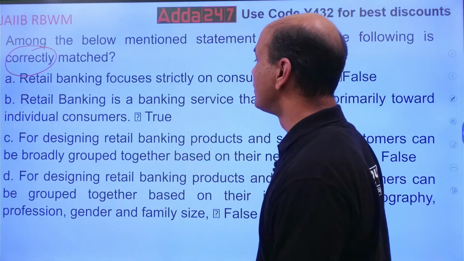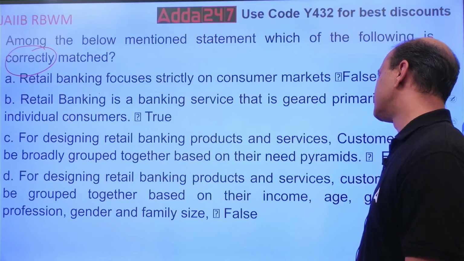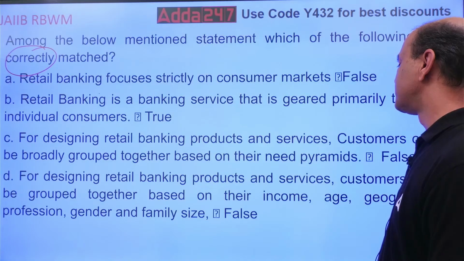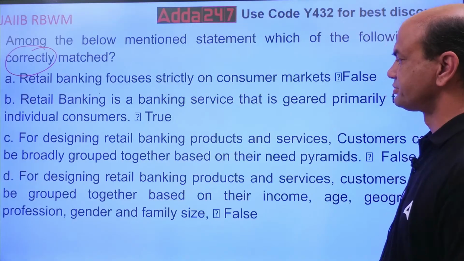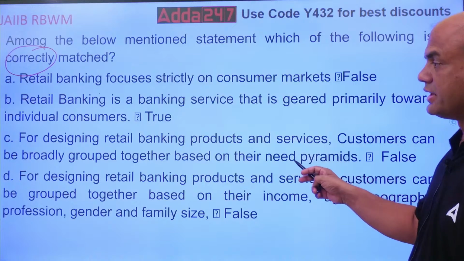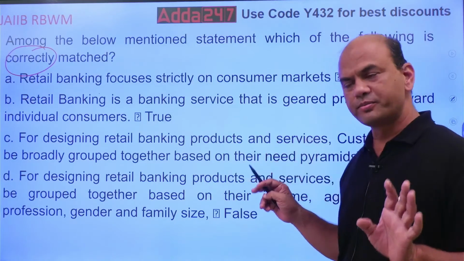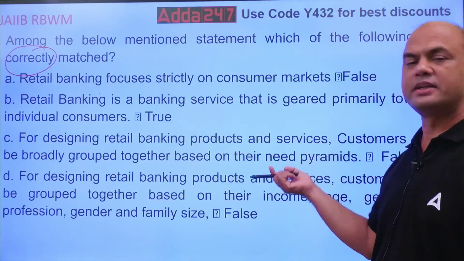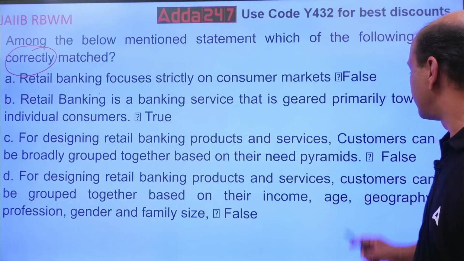For designing retail banking products and services, customers can be broadly grouped together based on their need pyramids. False. Now this statement is true actually. You have to group the customers as per their needs, but here the option is false.